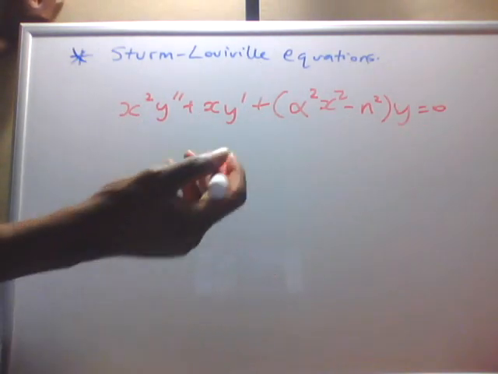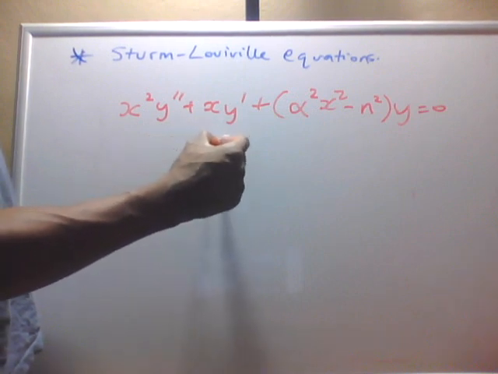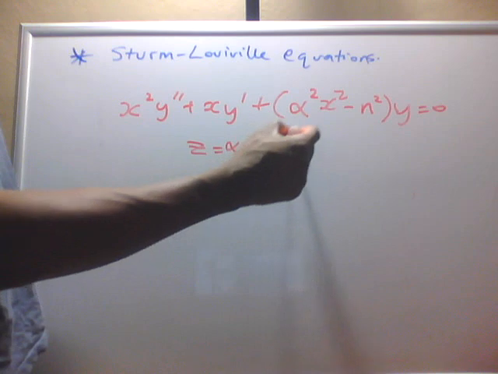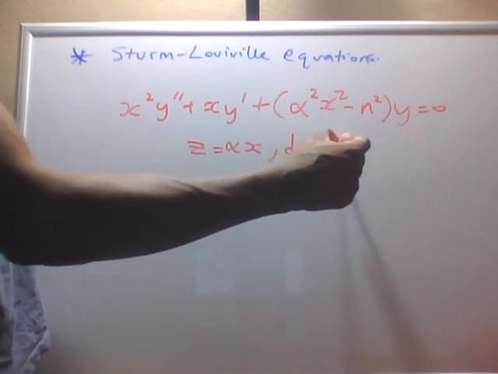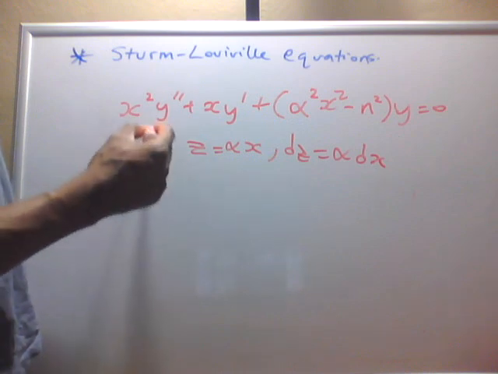We solved some examples using substitutions. If I chose z equals alpha x, for instance, then dz equals alpha dx. Plug that in there.